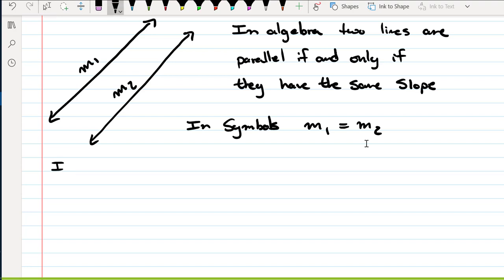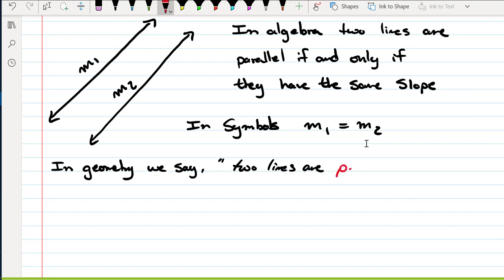In geometry, we say two lines are perpendicular if they intersect at a right angle.